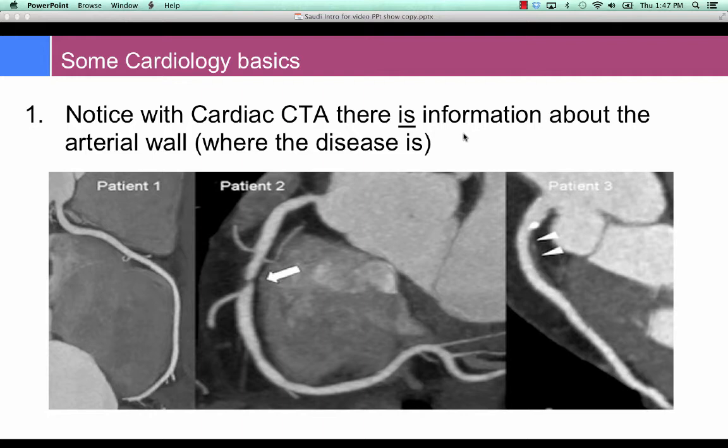With CTA, the story is totally different. We've got three images here: a normal vessel on the left, and what appears to be a very severe narrowing of the contrast column in the mid vessel of the right coronary artery, with no calcium present at all. But there's a soft tissue density, which we can see replacing the area where normally lumen is present. And then in the illustration on the right, we can see quite a bit of soft tissue information.